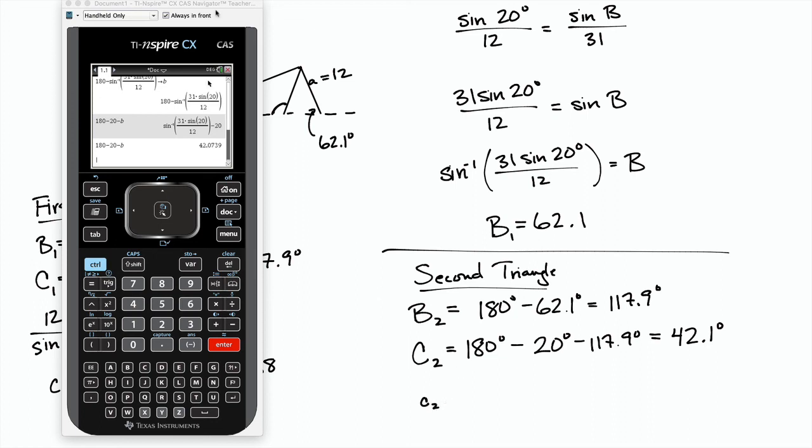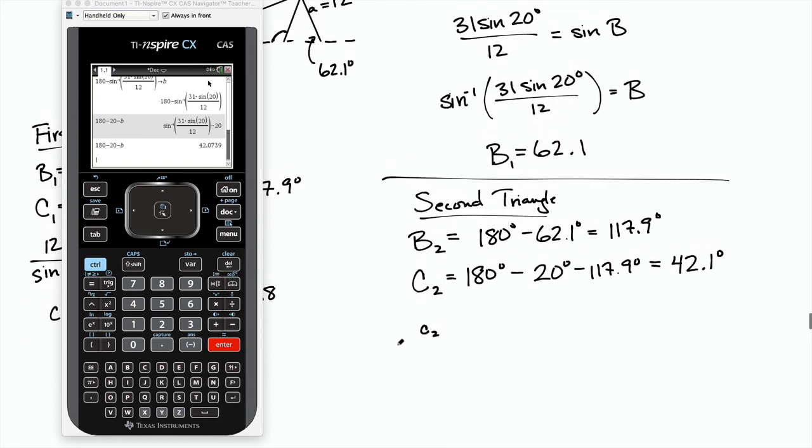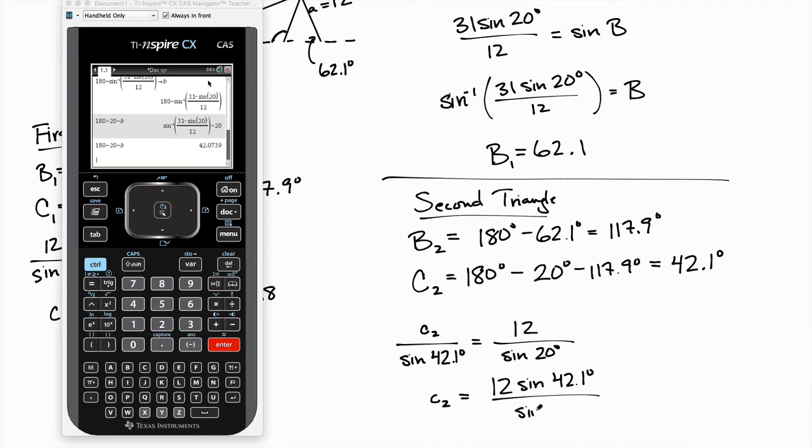My last side, C2. Okay, so I'm going to use the law of sines. C2 over the sine of that C2 angle, 42.1 degrees, equals the side length A, which was 12, over the sine of the angle A, which was 20 degrees. And so for my C2 side, I get 12 times the sine of that 42.1 degrees over the sine of 20 degrees.